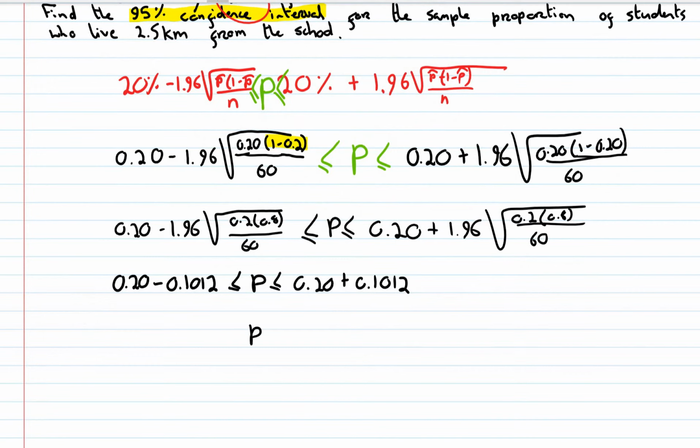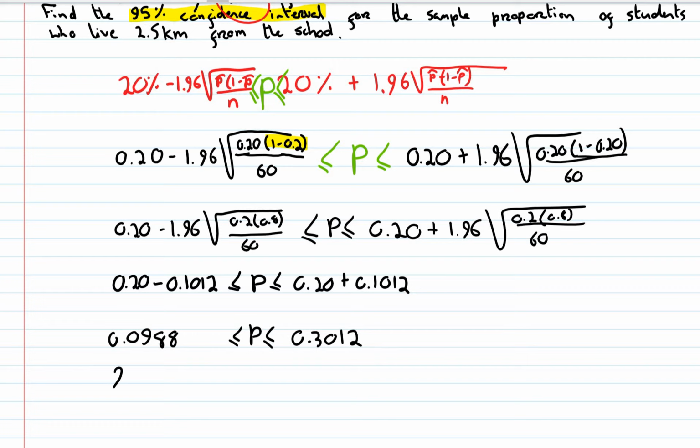So the real population will lie between 0.098 and 0.3012. Okay, so we could leave it like that, but I personally prefer percentages.